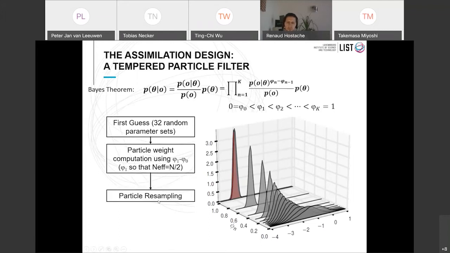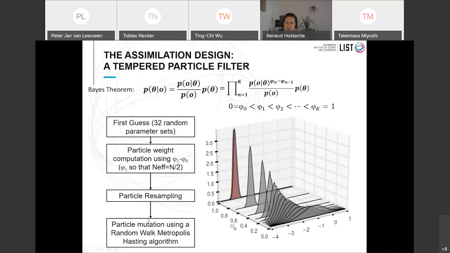Then we resample these particles and we mutate them using a random walk Metropolis-Hastings algorithm in order to get back some differences between the particles and some variety. This is done iteratively with different values of phi, optimized each time, in order to get to phi equal to 1 and then approach the optimal solution.